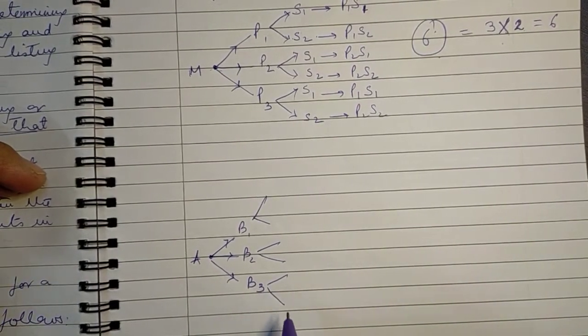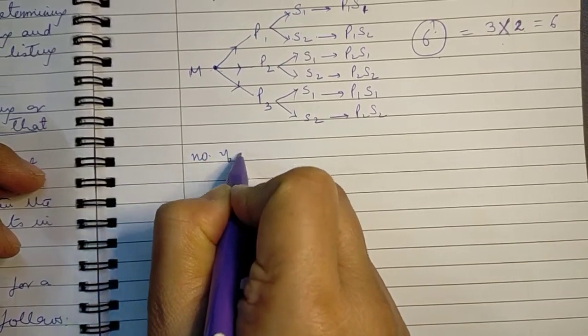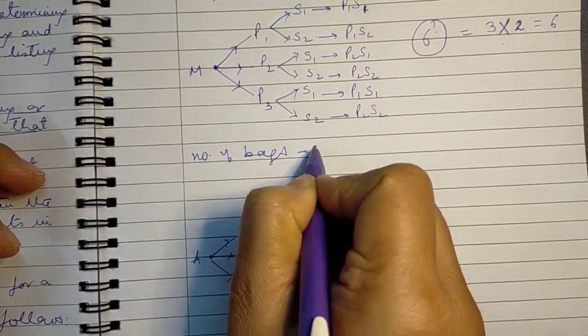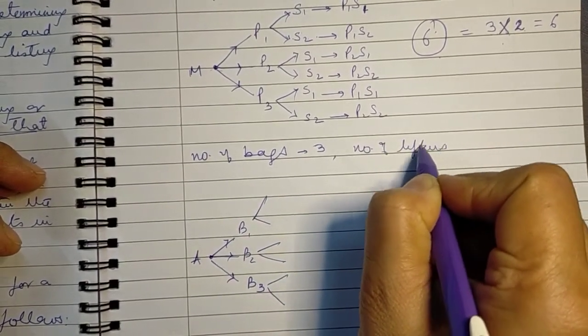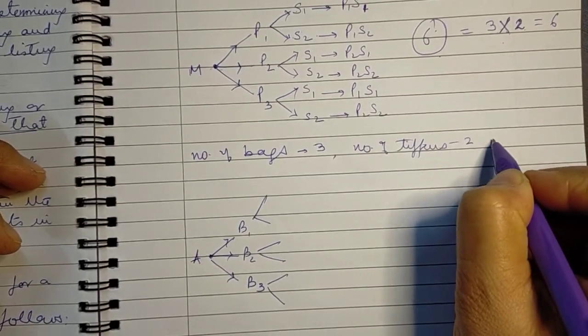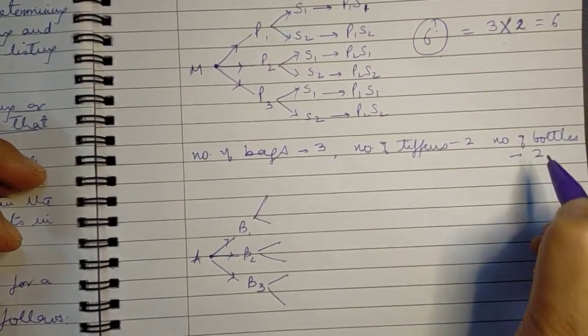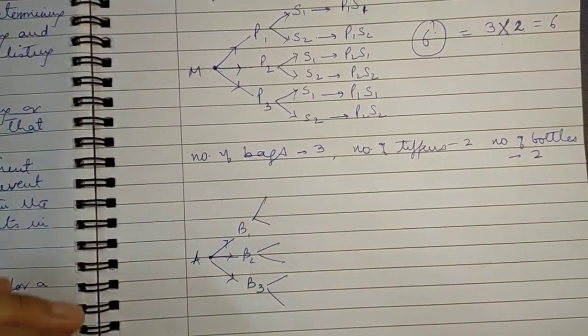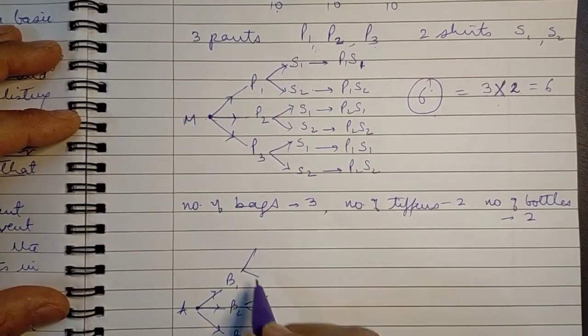So the number of bags available is 3, number of tiffins available is 2, and number of bottles available is 2. How many different sets can that child make while going to school?